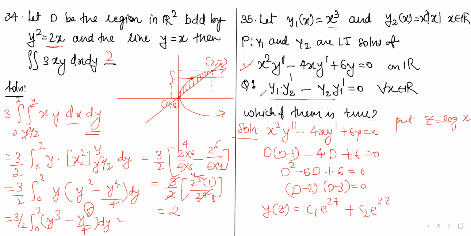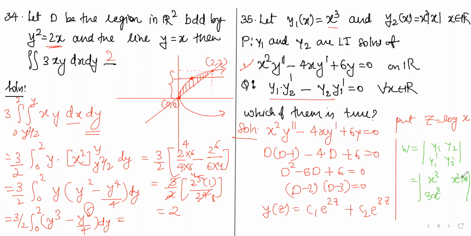For this y1 and y2, let's check what the Wronskian is, with y1, y2, y1 dash, y2 dash. If this becomes 0, then I'm happy. So it is x cube and x square times mod x, and the derivative of x cube is 3x square.